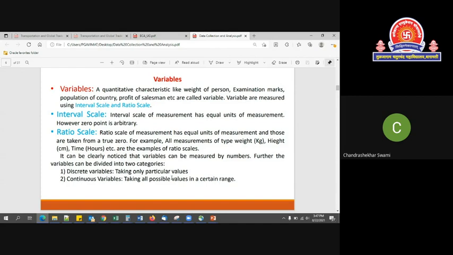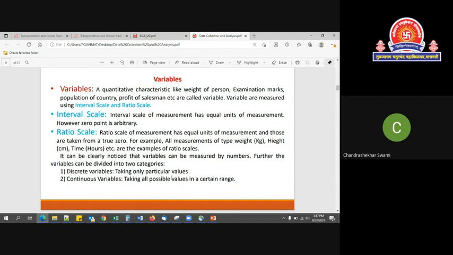Another type of variable is the continuous variable. It takes all the possible values in a certain range. Suppose I say that the room temperature of a certain city is between 10 degrees Celsius and 36 degrees Celsius.